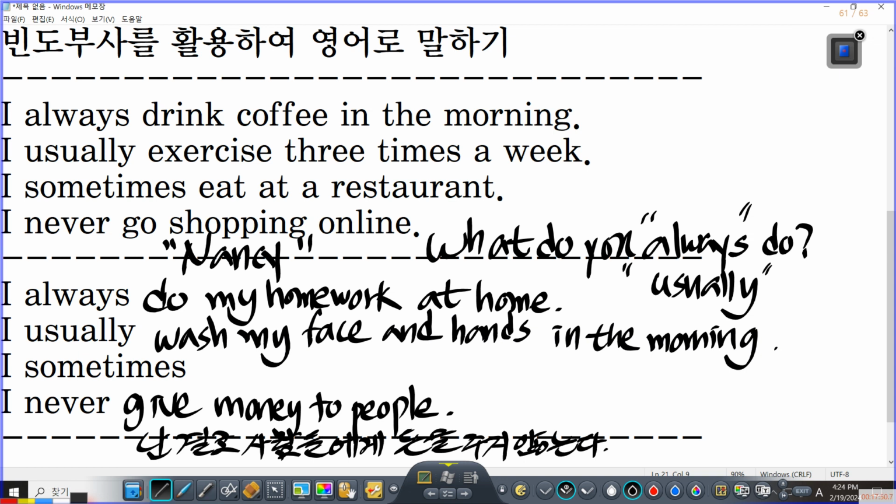What do you usually do? I usually wash my face and hands in the morning. Good. And what do you sometimes do? I sometimes clean my room. Okay. 잘했어요. What do you never do? I never give money to people.